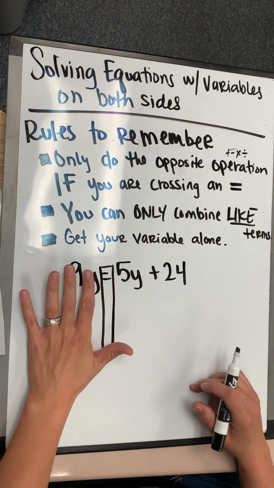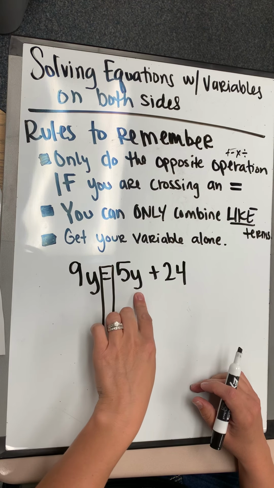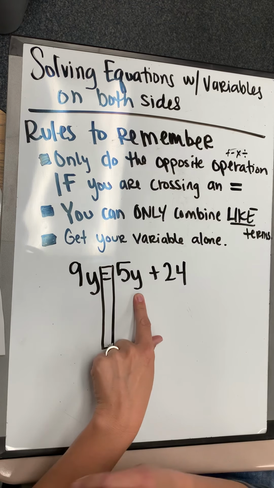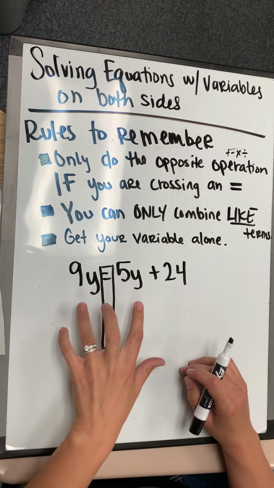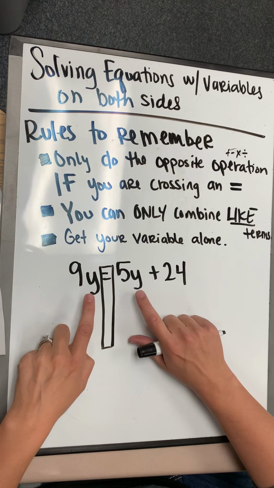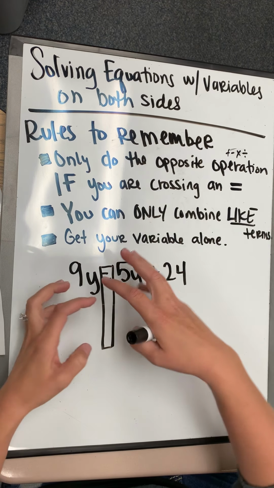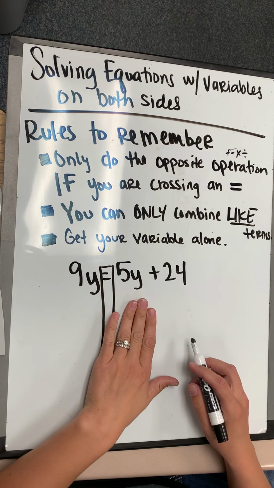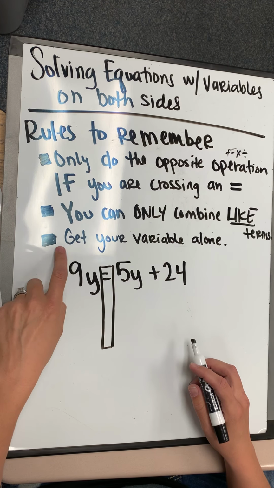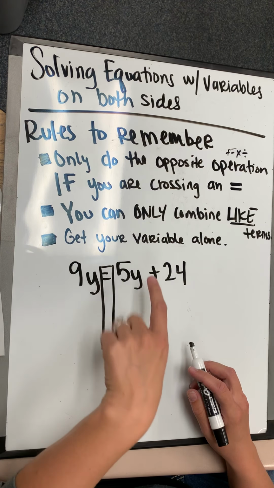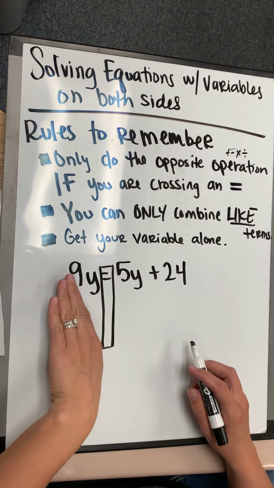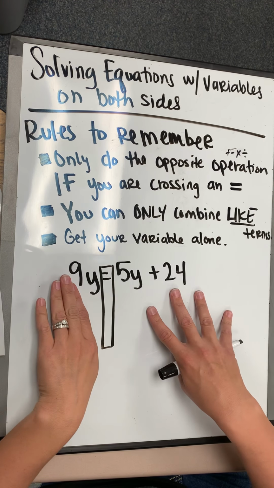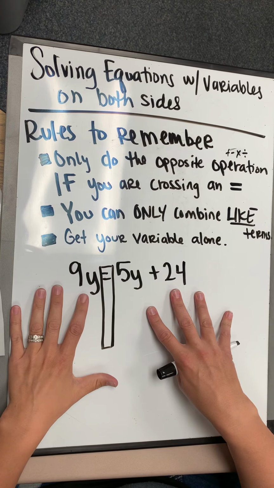So normally we would have one variable and we would isolate that variable. Well, in this case, we have two with the same variable, so they are like terms, and we have to combine them, but we have to move it across an equal sign. Because we want to get our variable alone, we want to move this term over here so that my numbers are on one side and my variables are on the other side.